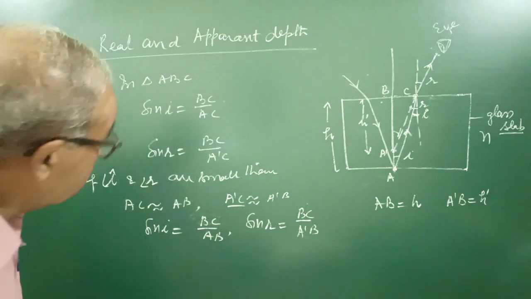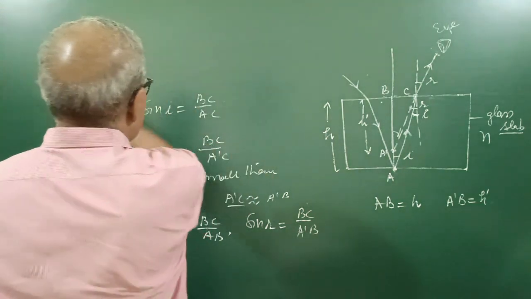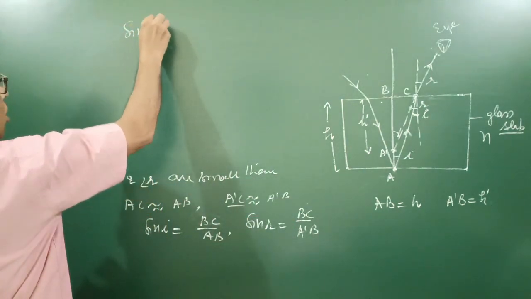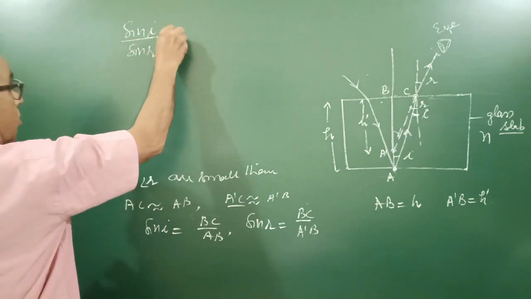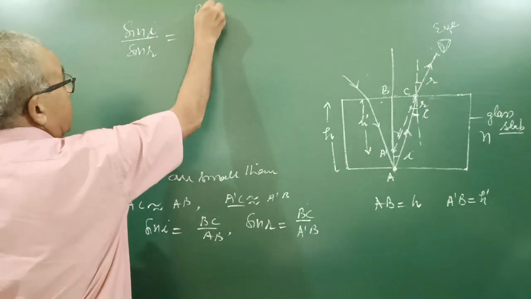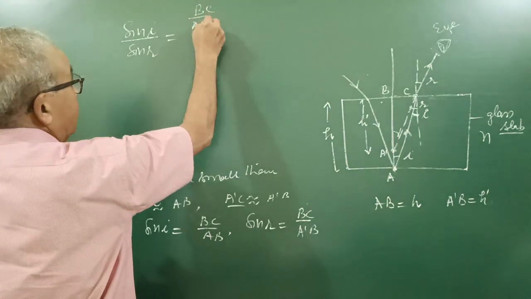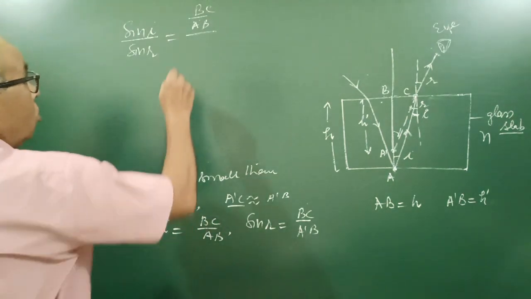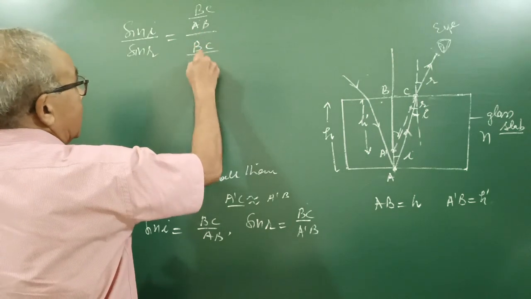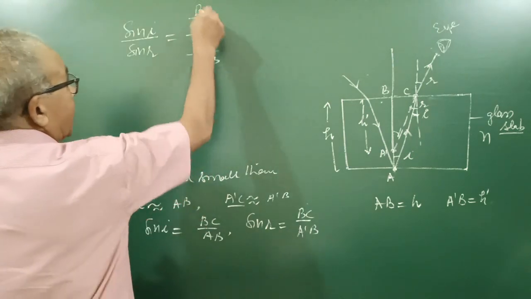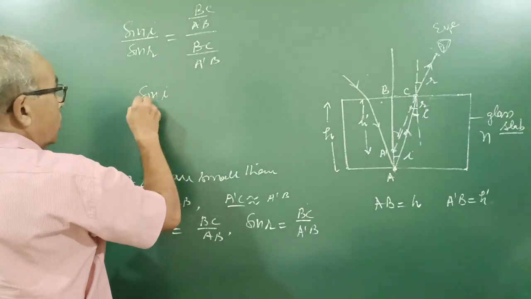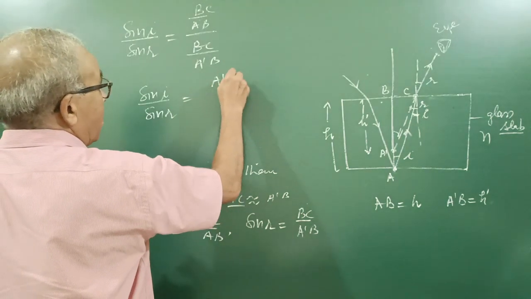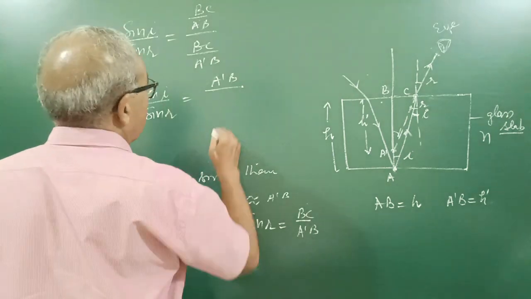And hence sin I upon sin R is BC upon AB upon BC upon A dash B. This cancels, so sin I upon sin R is equal to A dash B upon AB.